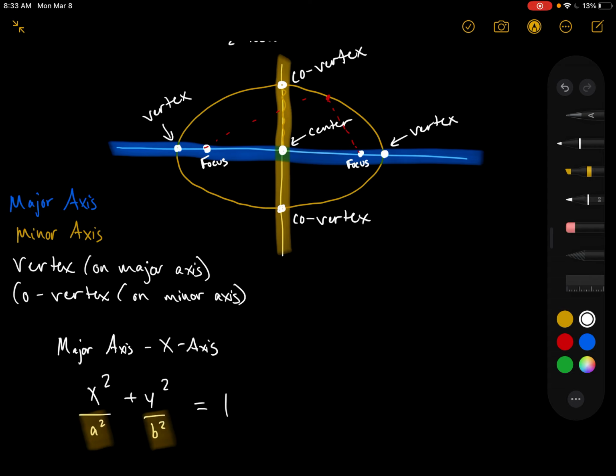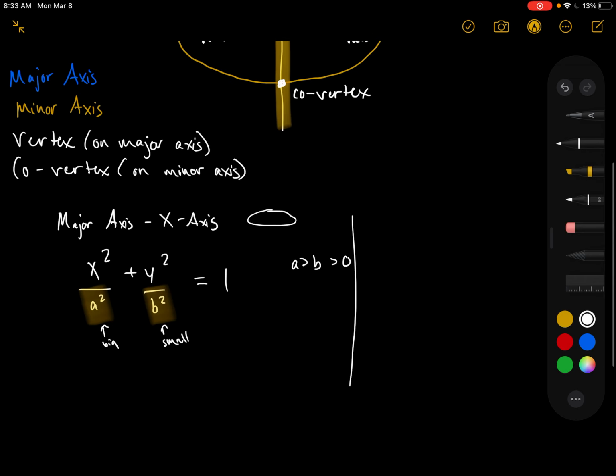So pretty similar to the circle. The only thing that's different from the equation of a circle is we're adding in these a squared and b squared terms. And a few properties here. A is bigger than b, and they're both greater than 0. So for a non-zero quantity, we're saying that this is bigger and that this is smaller. And again, that is going to be our ellipse that looks like that.